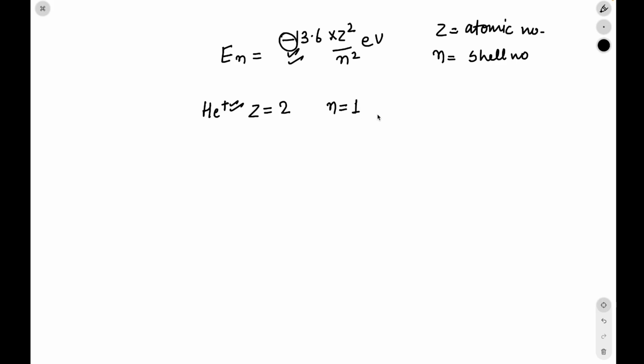Now, how do we calculate the energy of that electron? We will use the formula E is equal to minus 13.6 into Z square upon n square. Minus 13.6, the value of Z is 2, so we will put the value of Z here. And now we will put the value of n.